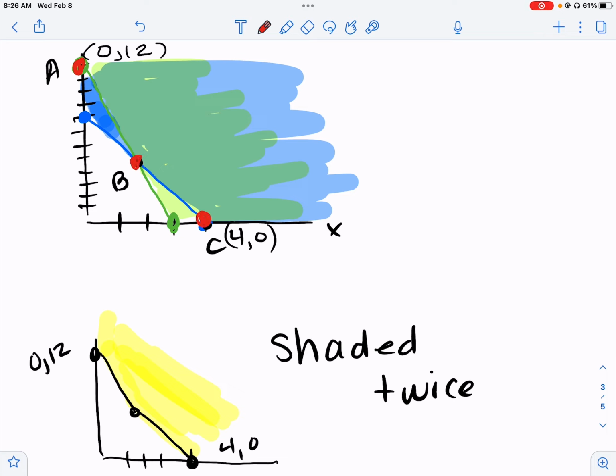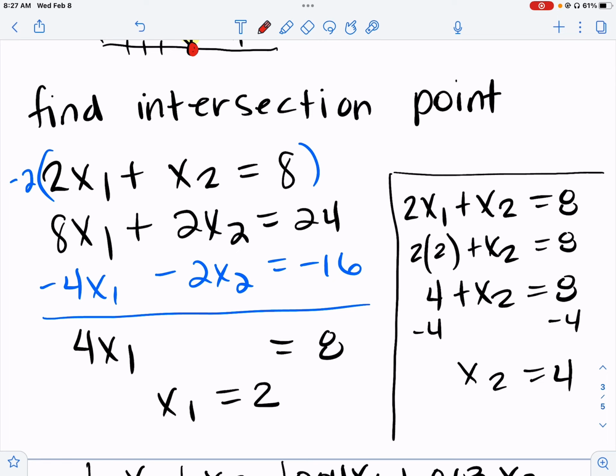You can do it multiple ways on this. I decided to multiply the first one by -2. So -2 times 2x1 is -4x1. -2 times x2 is -2x2. -2 times 8 is -16. Then we add.